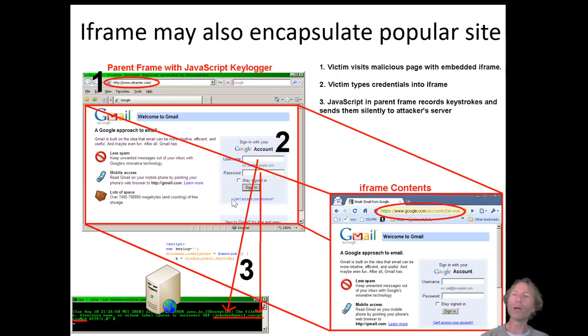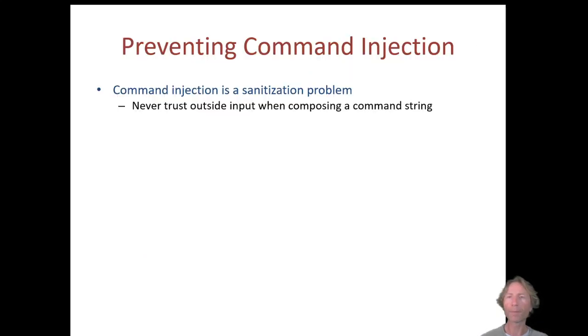What the attacker is hoping for is that the victim will type his or her credentials here, and then there is a keylogger operating in the background that records the keystrokes, so the username and password, and sends it to the attacker.